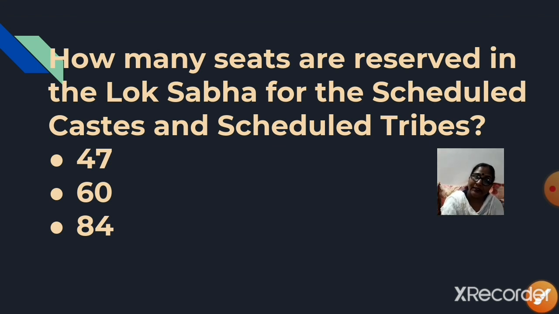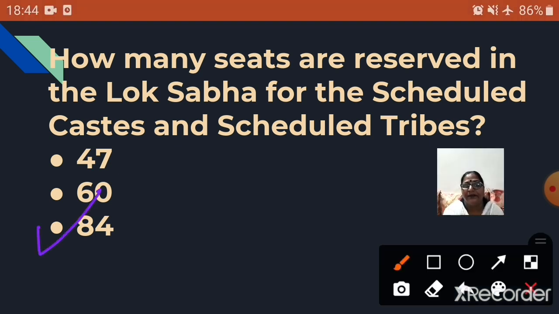How many seats are reserved in the Lok Sabha for the scheduled castes, that is SC, and scheduled tribes, that is ST? The options are 47, 60 seats or 84 seats. And the answer is 84 seats.